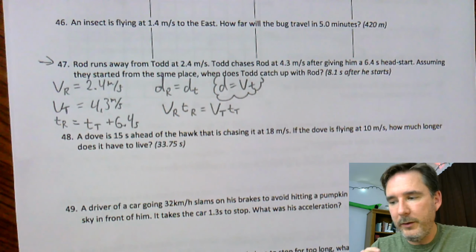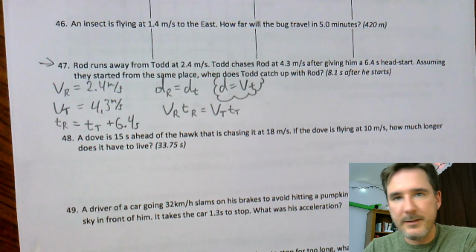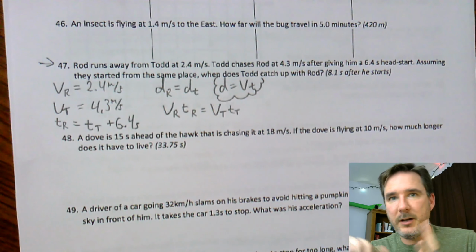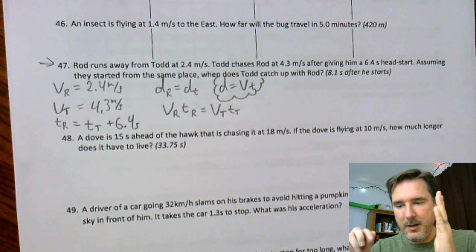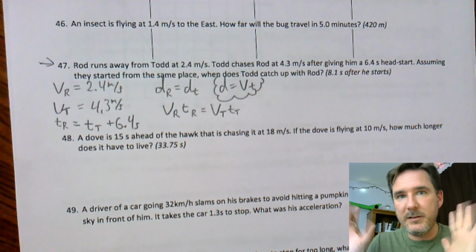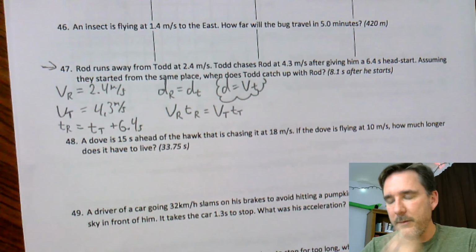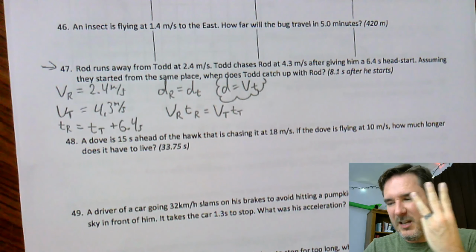Okay, so really focus on understanding what I just showed you. I'm going to go through it really quick again. You separate out, it's not an acceleration problem. There's not a starting and a stopping point. It's not like somebody speeds up to catch up. They're just constant speed. Everything's constant speed. This is average velocity. So there's basically three-ish types of questions.